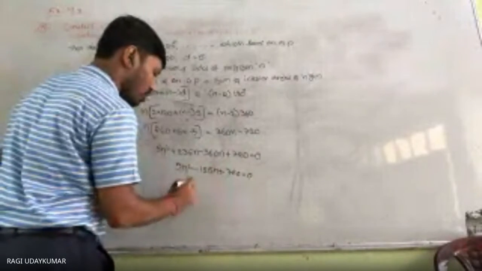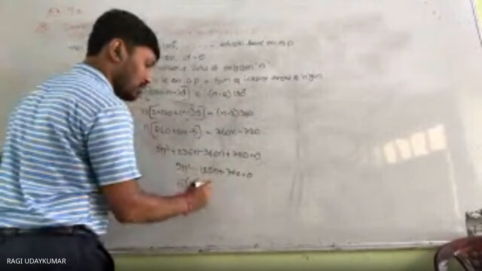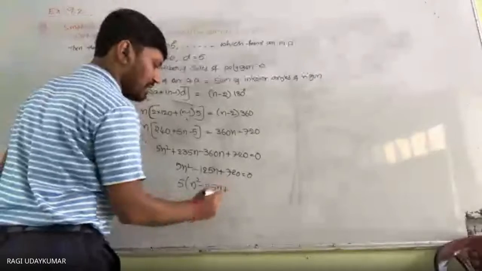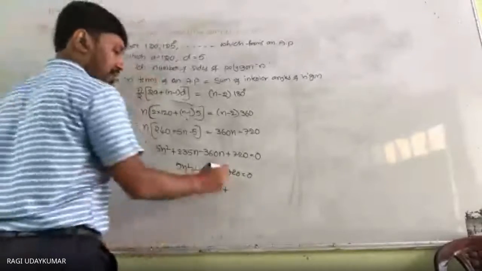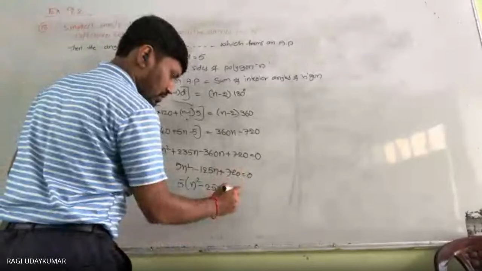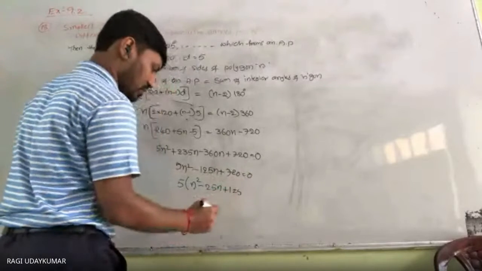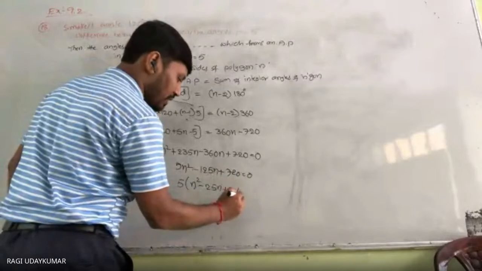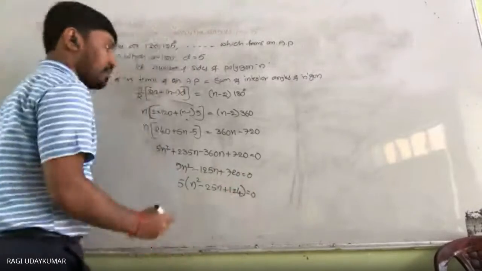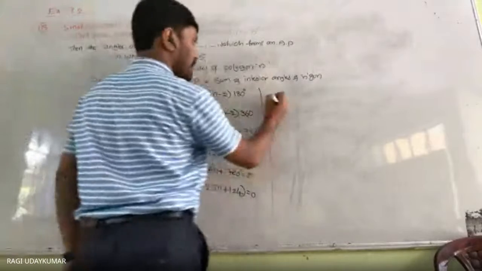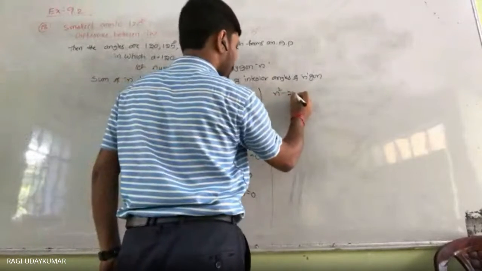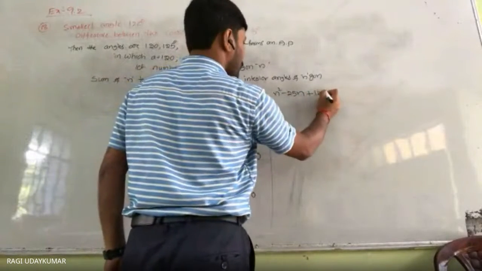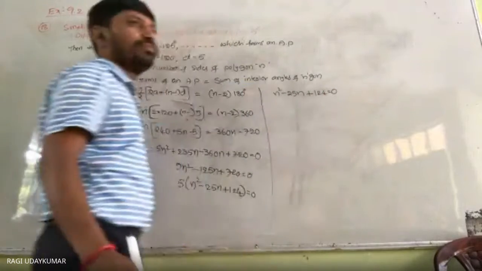From this, 5 you take the common. n square minus 25n plus 144 is equals to 0.